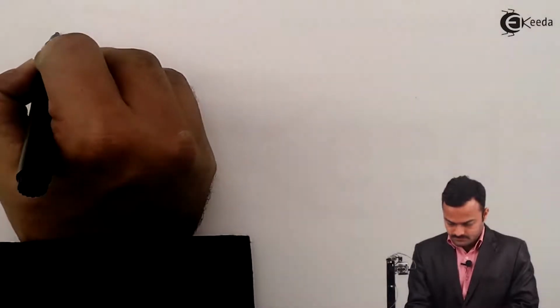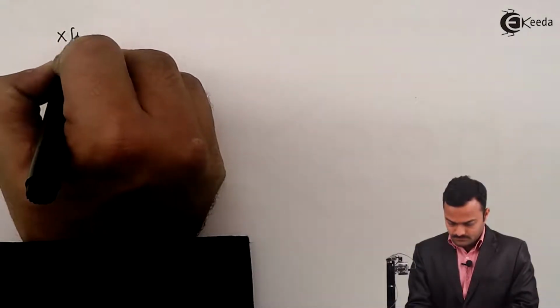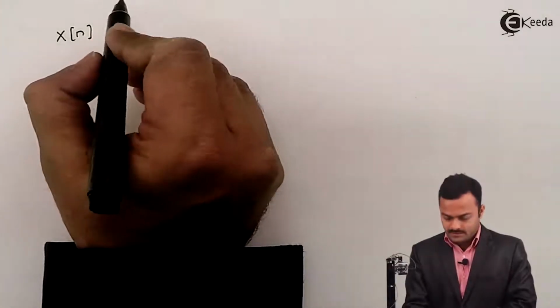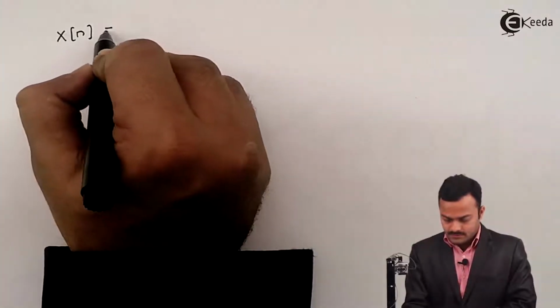In this video, we are going to find out the even and odd parts of a discrete-time signal x of n. So x of n is given like this.